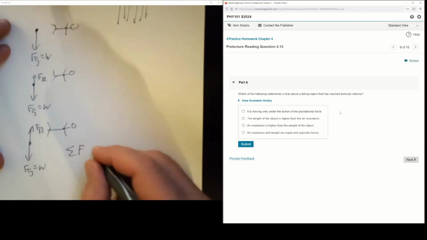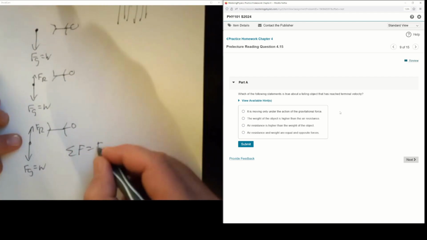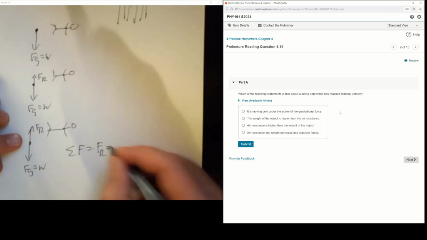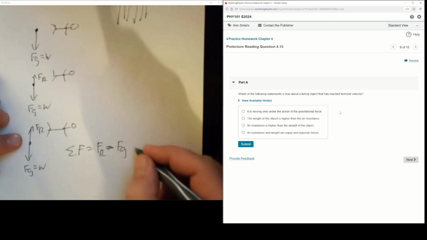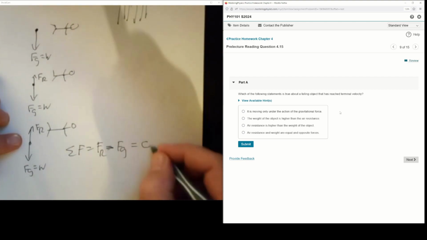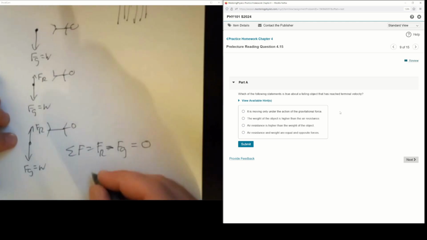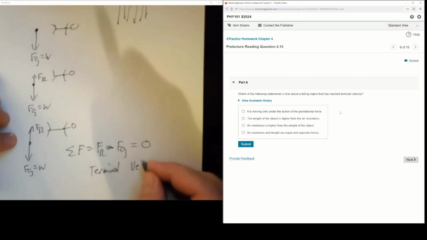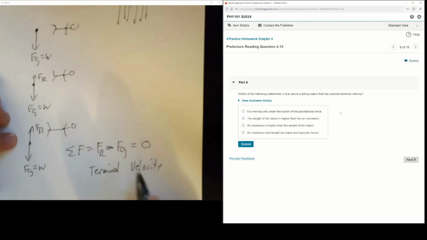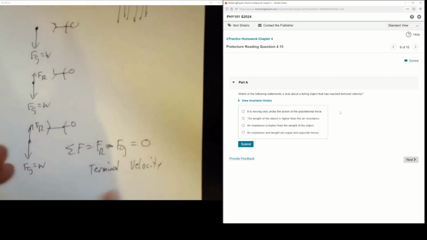So that when you sum the forces, we'd have air resistance up, we'd have force of gravity down, and now that they balance, this equals 0. And this is what's called terminal velocity. This is the velocity at which the air resistance equals your weight.